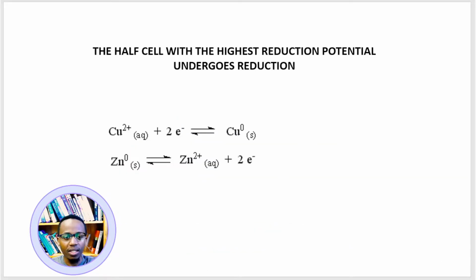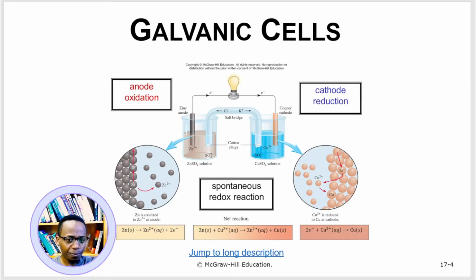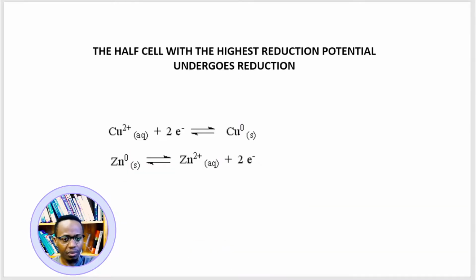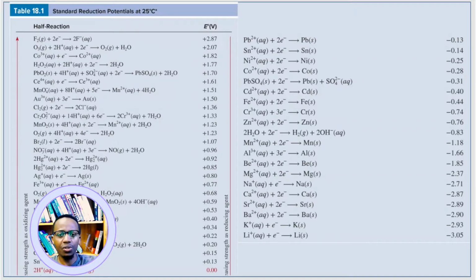So from this, you have copper, which is being reduced, and then you have zinc that is being oxidized, right? So here, you can calculate the potential by knowing what we call the standard potentials, right? So for the standard potential, you're going to get a table like this where you can find the standard potential.